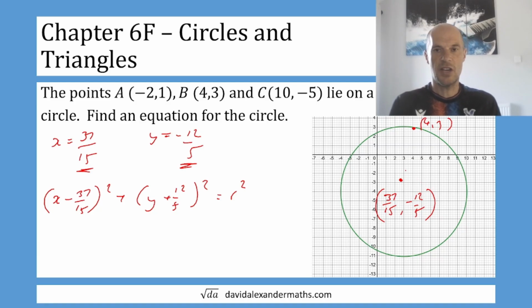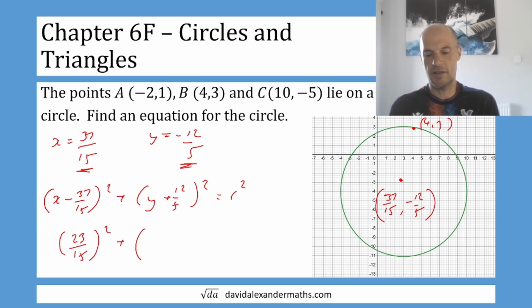Okay, so 4 take away 37 over 15 is 23 over 15. So 23 over 15, that is going to be squared in a minute, plus what's the difference between negative 12 over 5 and 3. So that is 3 subtract negative 12 over 5, or plus 12 over 5. And that's 27 over 5. And I am going to square that.